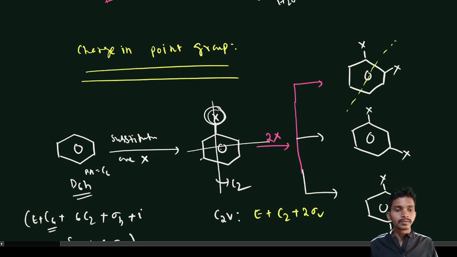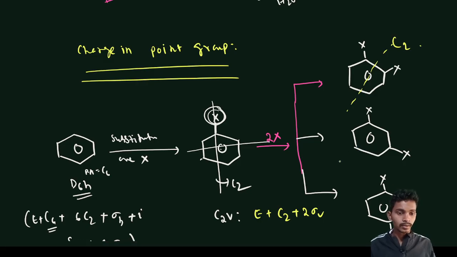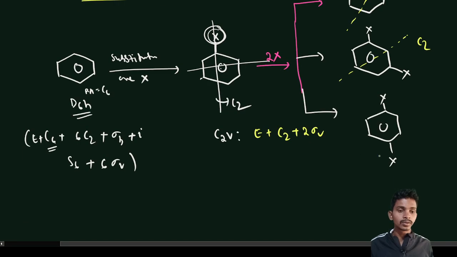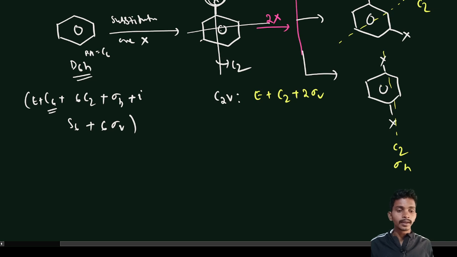again we can pass the C2. C2 is there. Here again you can pass the C2. Here also C2 is there, with that sigma H is also there, and here sigma H is there.